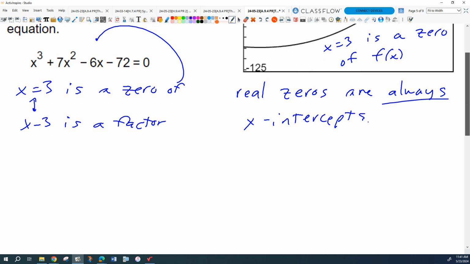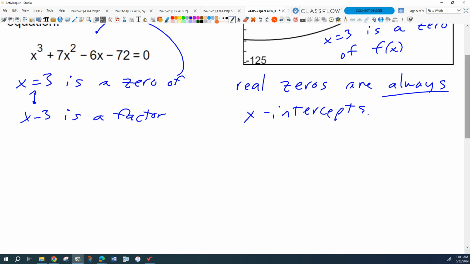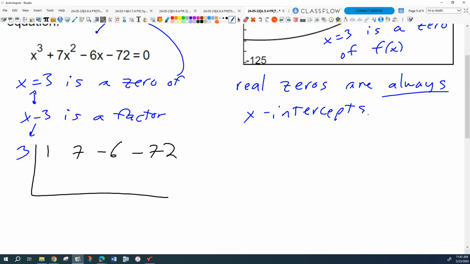Okay, let's do that. This is going to look real familiar, right? If I divide my polynomial 1, 7, negative 6, negative 72 by x minus 3, that means I'm putting a 3 out front. Agreed? And because 3 is a 0, we know we're going to get 0 for a remainder.